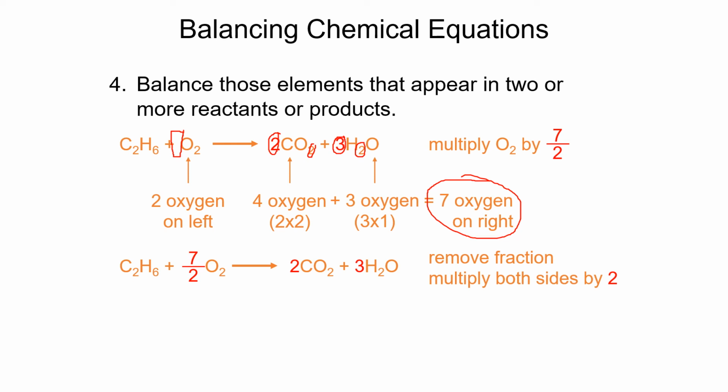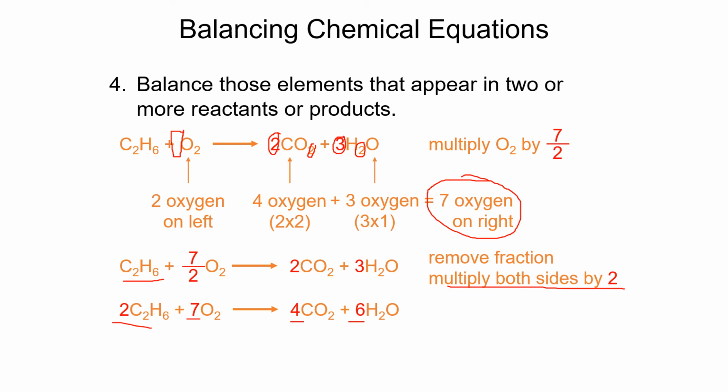We have to multiply both sides by 2. So our coefficient for ethane becomes 2. Coefficient for oxygen becomes 7. Coefficient for CO2 becomes 4. And the coefficient for water becomes 6.